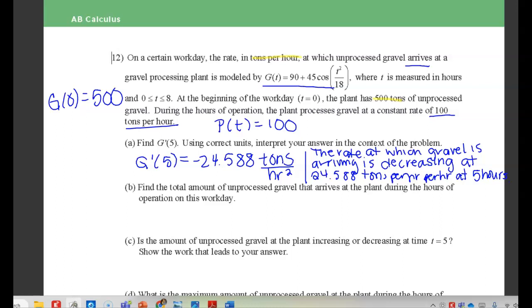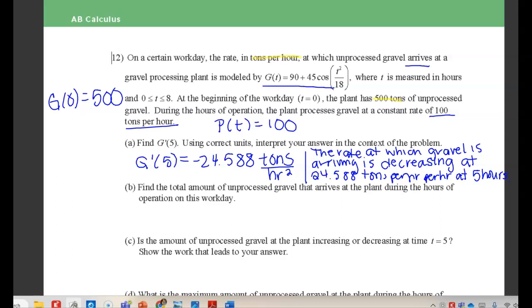Find the total amount of unprocessed gravel arriving during the plant hours of operation.